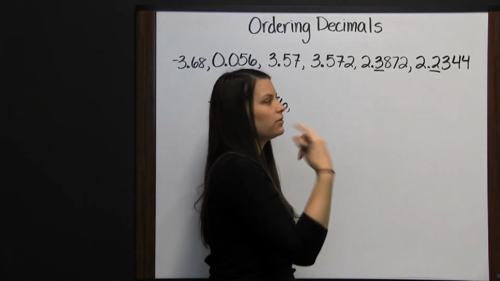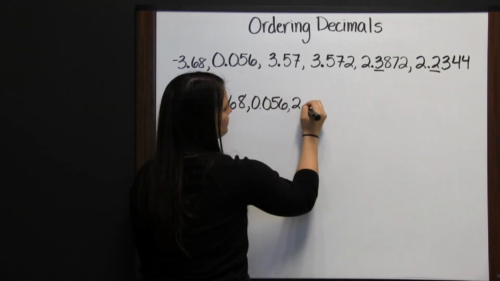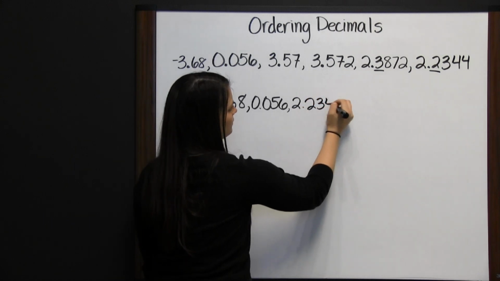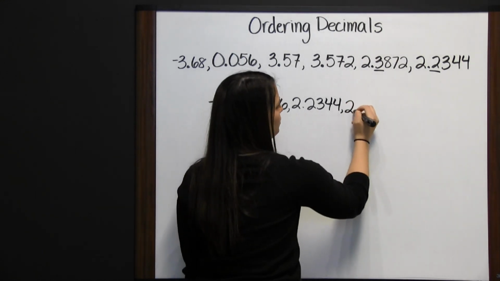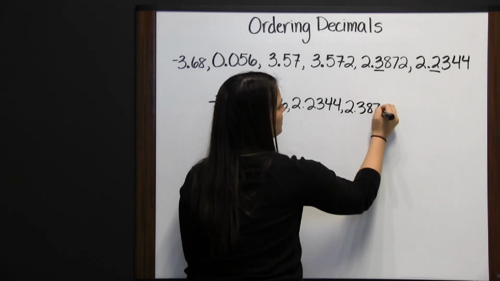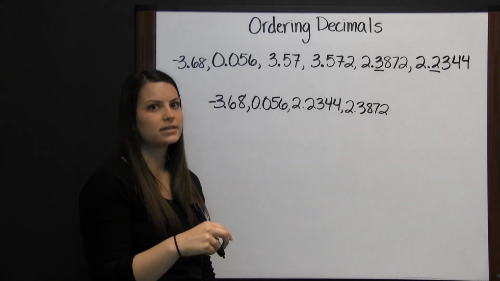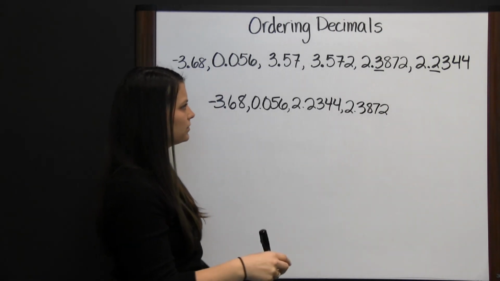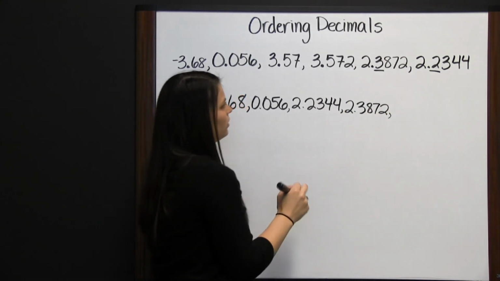So since we're ordering from least to greatest, this number would be next. Followed by 2 and 3,872 10,000ths, since it was the next because of our whole numbers. So we're done with our 2's, moving on to our next whole number.